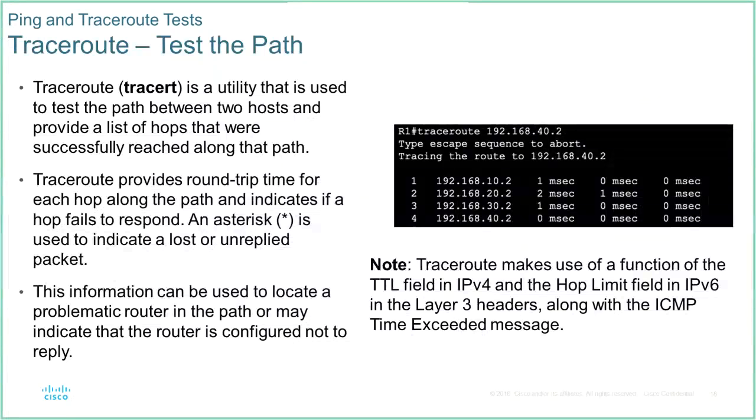And basically what you're looking for is confirmation of the device name. So these are the hops, and it'll give you an IP address or a device name and the round trip times it took to get there.